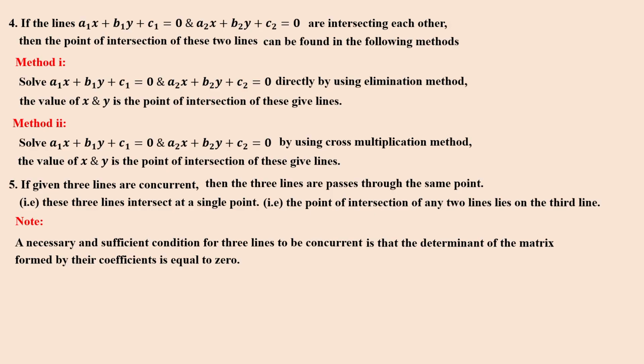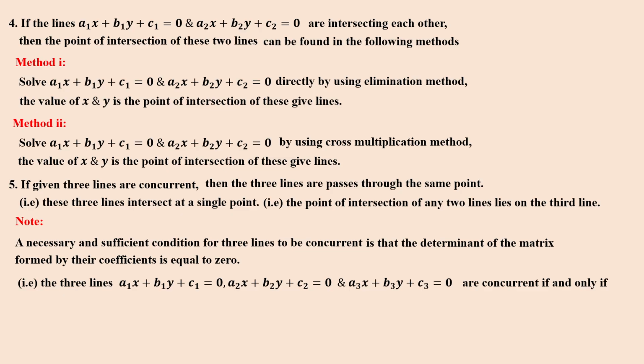For the determinant we use the coefficients of x and y and the constant. For example, the general form: a1x plus b1y plus c1 equal to 0, a2x plus b2y plus c2 equal to 0, and the third line a3x plus b3y plus c3 equal to 0. These three lines are concurrent if and only if the determinant with rows a1, b1, c1; a2, b2, c2; a3, b3, c3 is equal to 0.